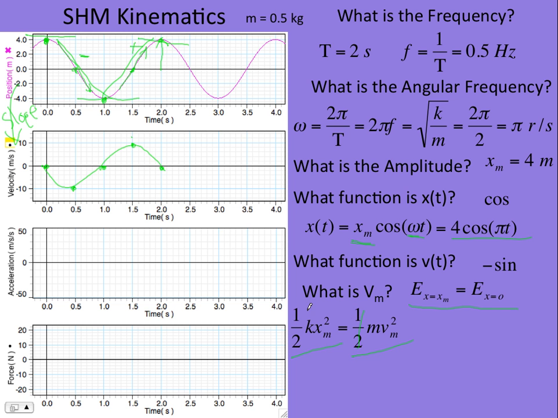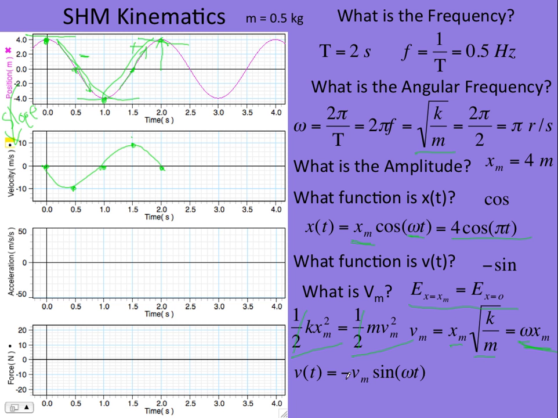So we can solve for v maximum, and we get x maximum times the square root of k over m. We don't have k. You could solve for it since we're given the mass here, but we also know square root of k over m is the angular frequency. So this is also the maximum velocity. Make sure you can derive this, though. It's okay to just memorize that, but make sure you can go through this.